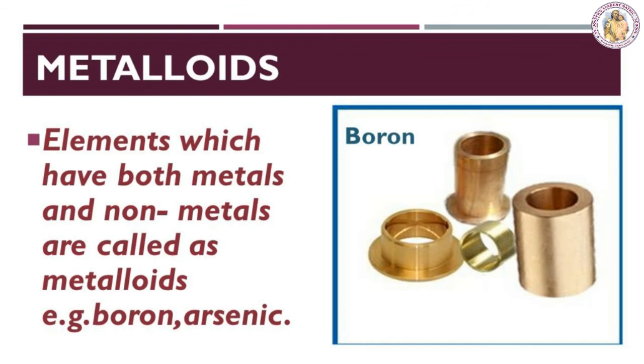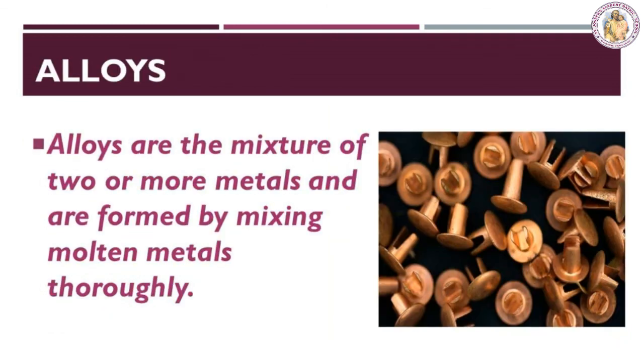What are metalloids? Elements which have the properties of both metals and nonmetals are called metalloids. Example, boron, arsenic. What are alloys? During 3500 BCE, people used an alloy named bronze. The idea of making an alloy was quite old.